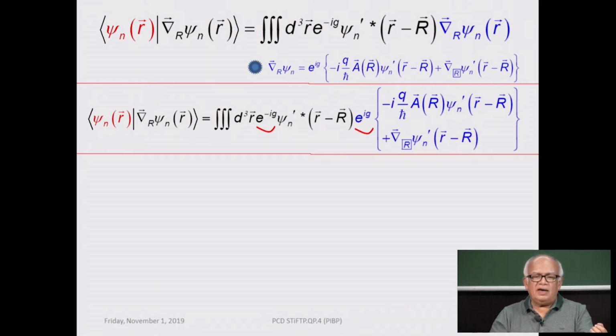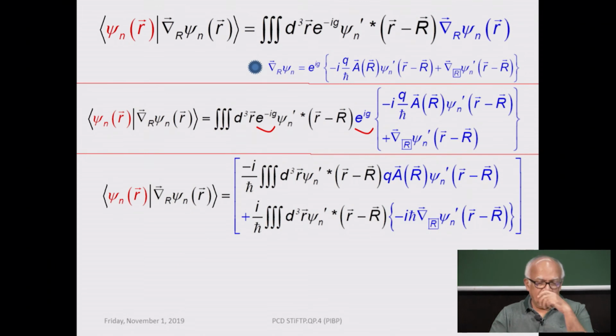Now you have e to the minus ig and e to the plus ig, which simply come as multiplicative factors. So you do not need to write them. And what is inside this curly bracket, in this beautiful bracket, in the blue terms, there are actually two terms, corresponding to which I write two integrals. Okay. What is the first integral?